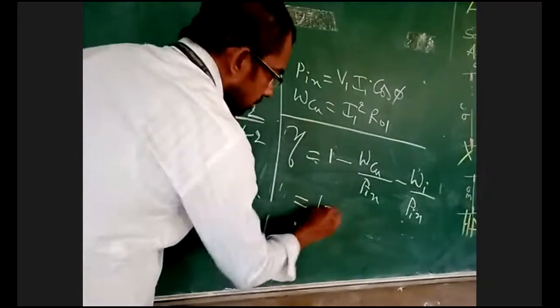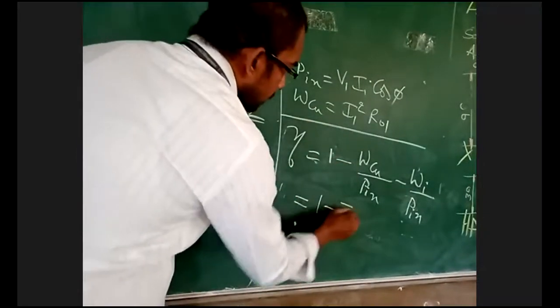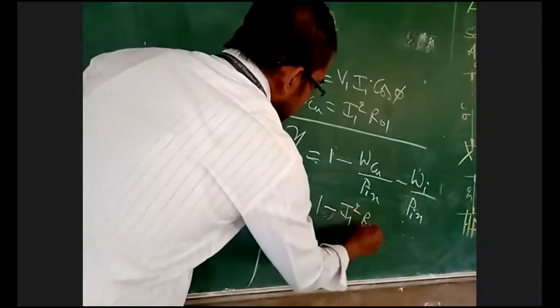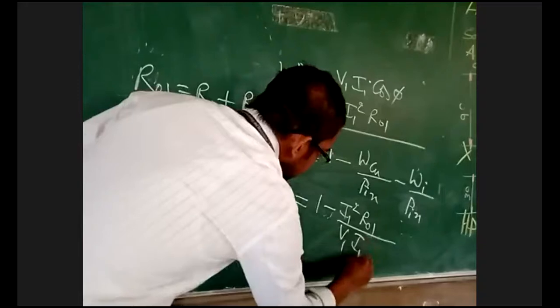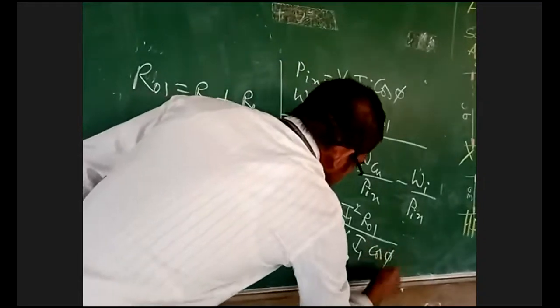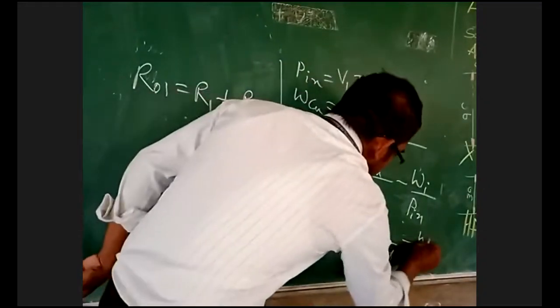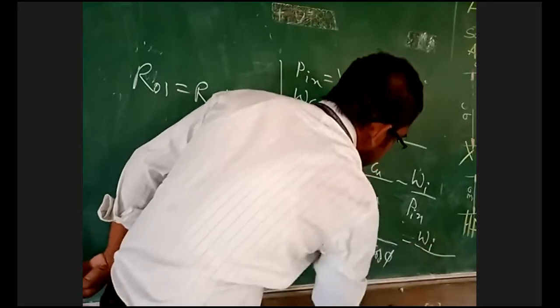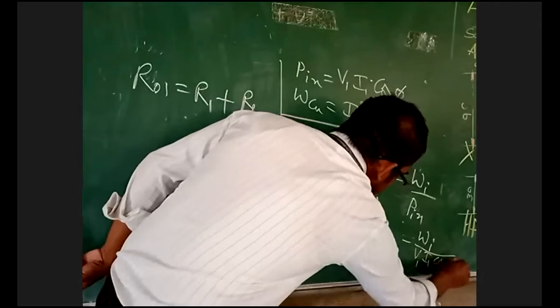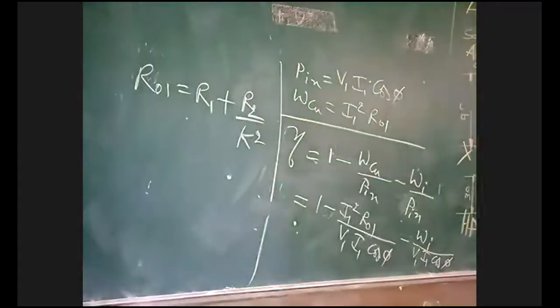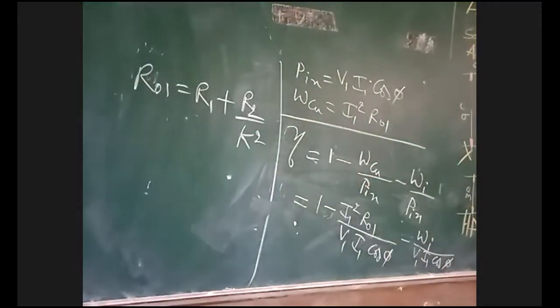That is 1 minus I1 square R01 by V1 I1 cos phi, minus Wi by V1 I1 cos phi. I am substituting the values of input power and copper loss.